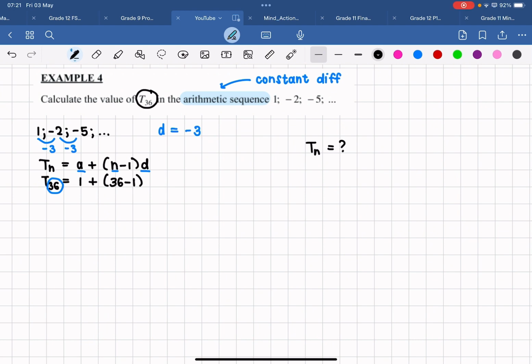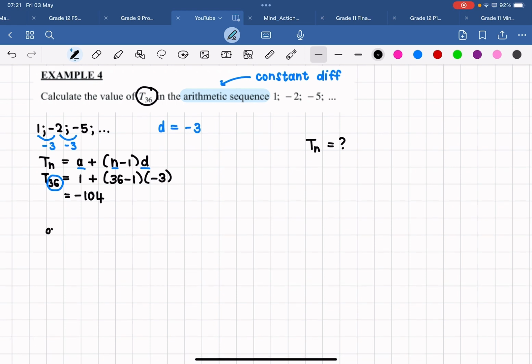If you want to, you can write that as 35 straight away. And now I need to multiply that by the constant difference, which is -3. All that is left for us to do now is to just type that into the calculator and get our answer of -104. So that is a very fast way of doing this example without actually finding the nth term.